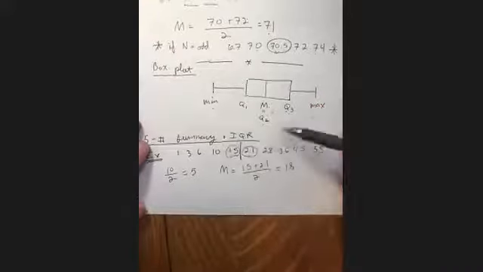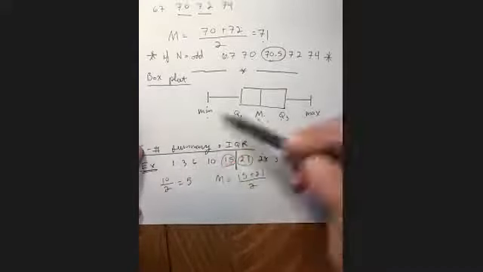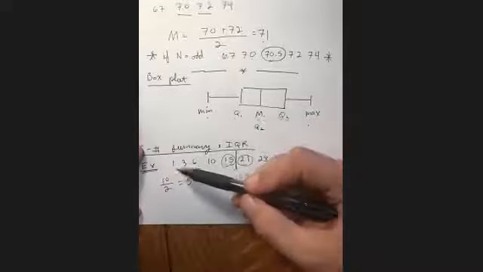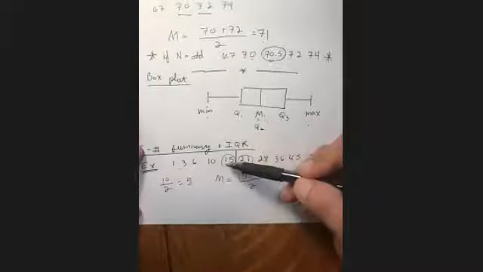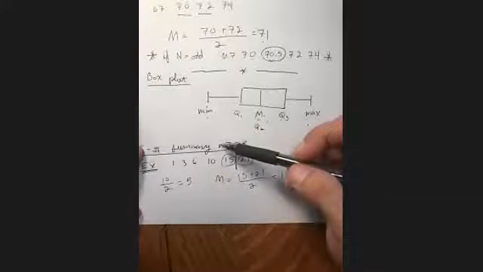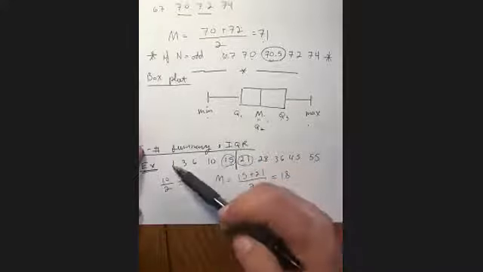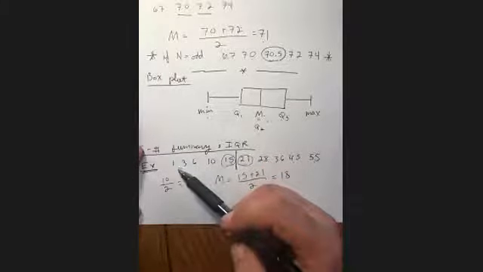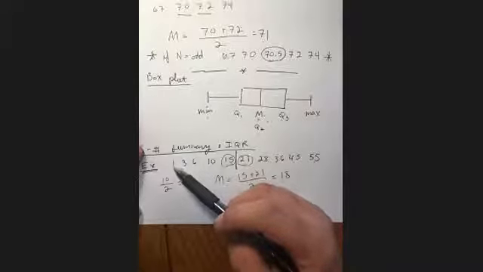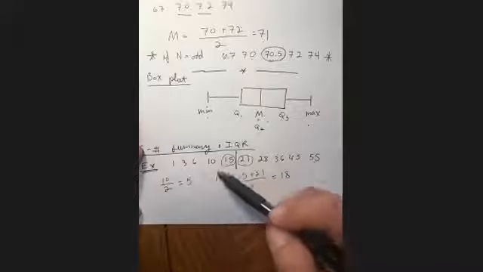To find the other quartiles, all we do is repeat the same process, but now with the two halves of the data set. So basically, we're finding the median of the lower half and the median of the upper half, and that gives us the first and third quartiles, respectively. So to find the median for the lower half, we're in better shape than we were to begin with, because now we only have 5 data points, which is an odd number.